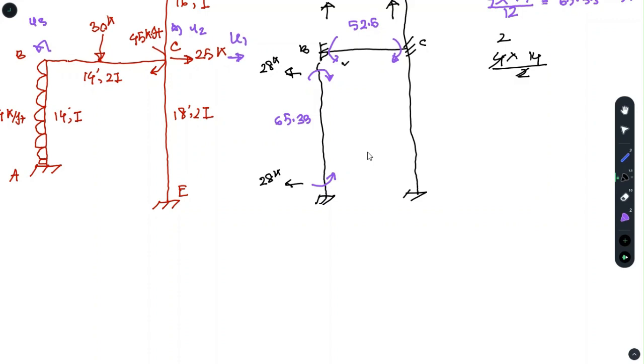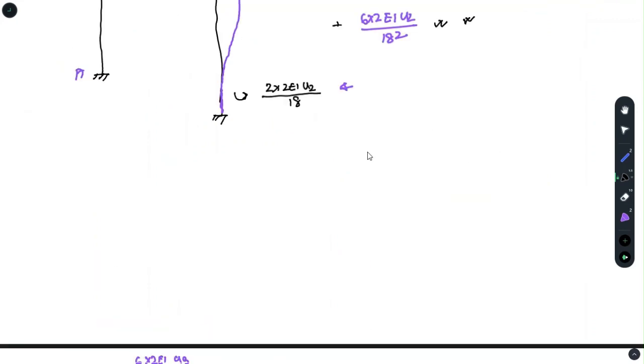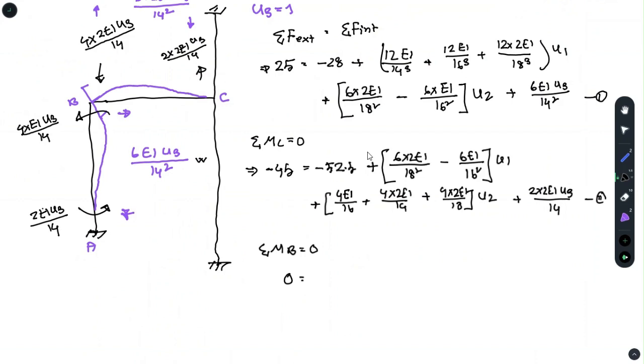So these are the moments we got for fixed end moments: 52.5 positive and 65.35 negative. So after the application of Doki E1, what are the moments we got?